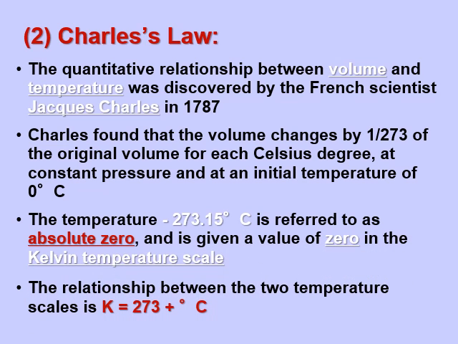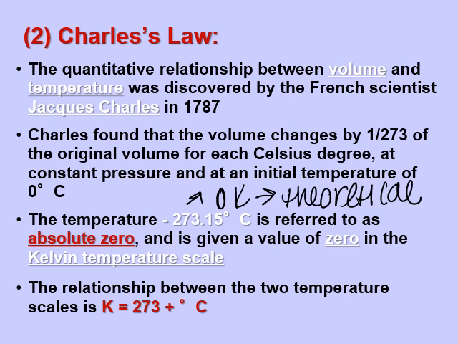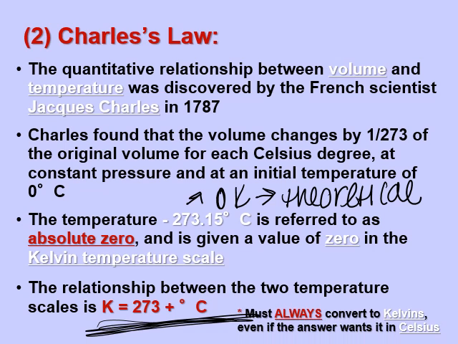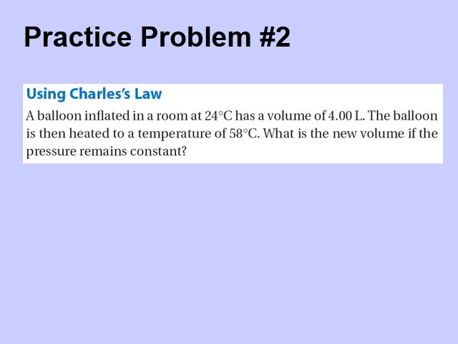A temperature of -273 Celsius is referred to as absolute zero, which is 0 Kelvin. Important to note, this is theoretical, not a value that we have actually been able to get to. And the relationship between the two, Kelvin equals 273 plus degrees Celsius, which we already talked about. You must always convert to Kelvin in order to be used in these equations.